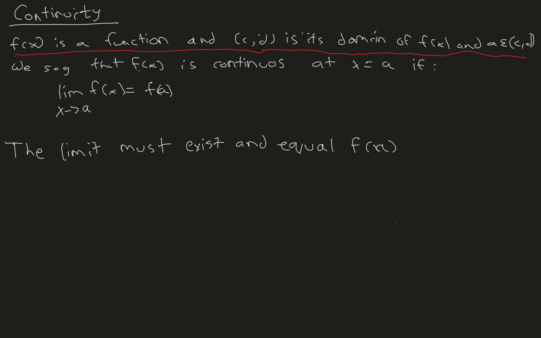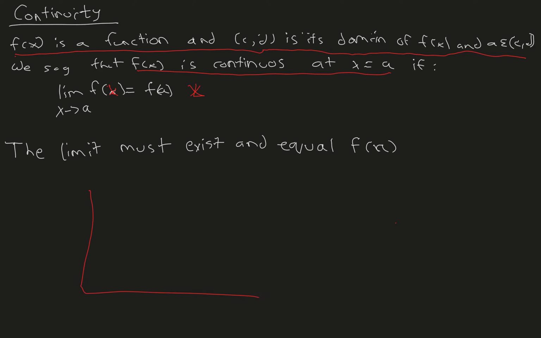We say that f of x is continuous at x equals a if the limit of f of x as x approaches a is equal to f of a itself. Before we had L, but now we have f of a. So the limit must exist and be equal to f of a.